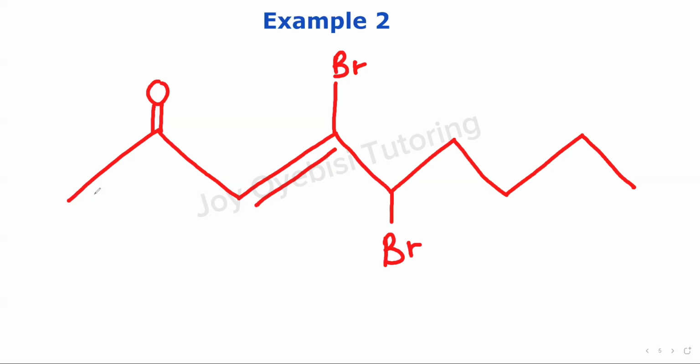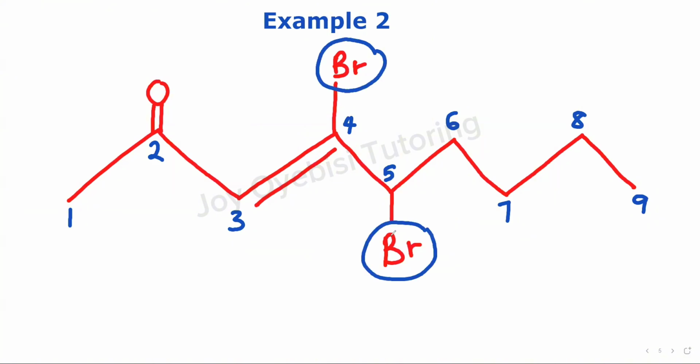So that would be 1, 2, 3, 4, 5, 6, 7, 8, 9. Okay, now identify your substituent or branches. We have bromine as the branches.